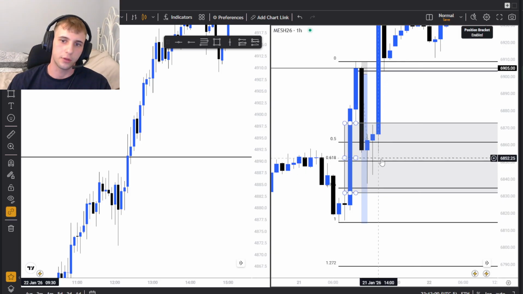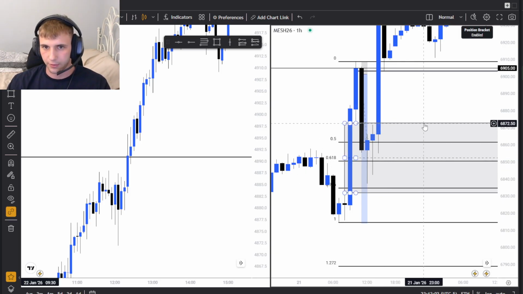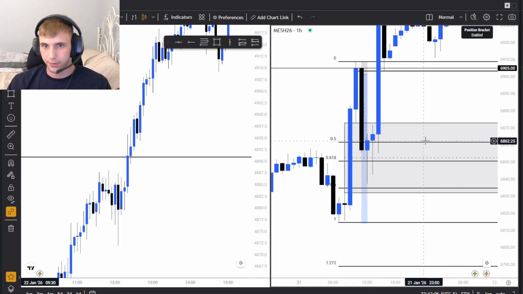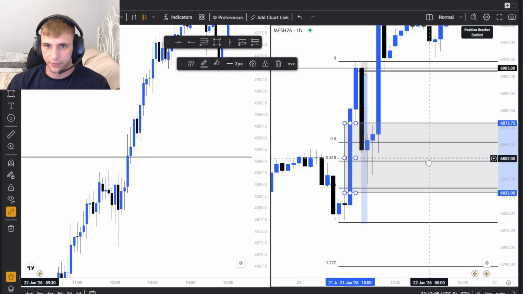Funny enough, like I talked about, equilibrium of this fair value gap, it's still kind of considered Fibonacci extension level concept. Or you can use the Fibonacci levels themselves, okay?